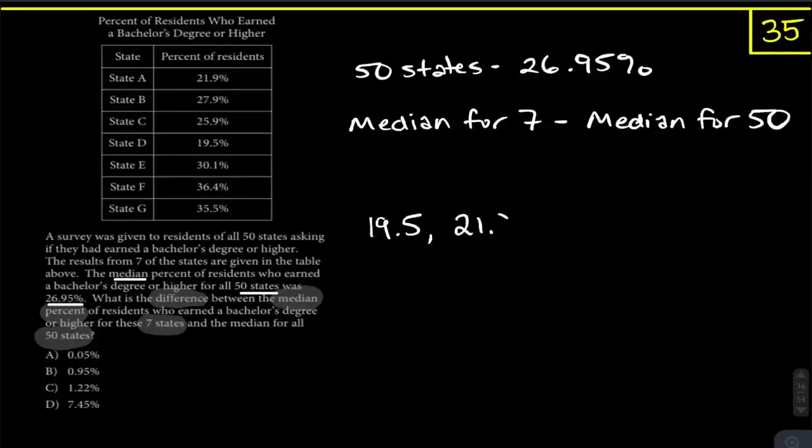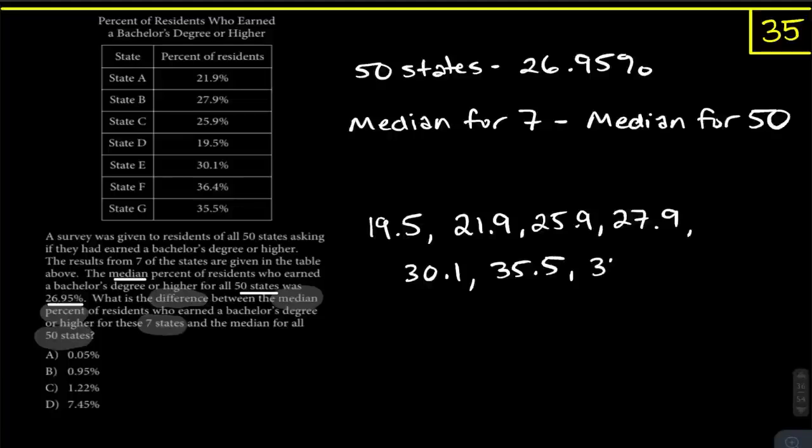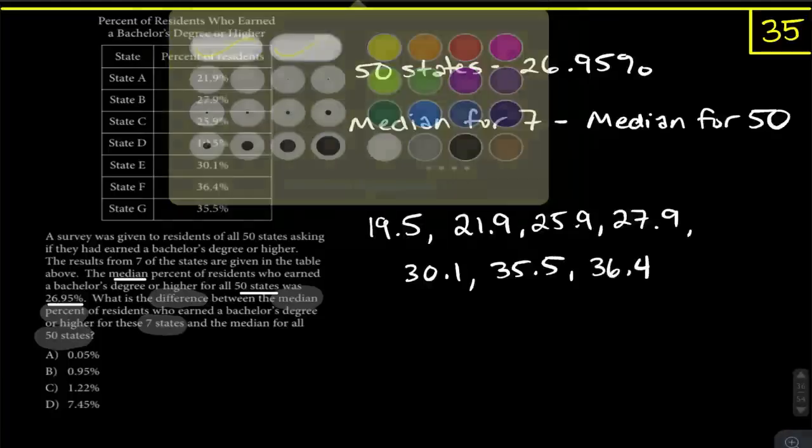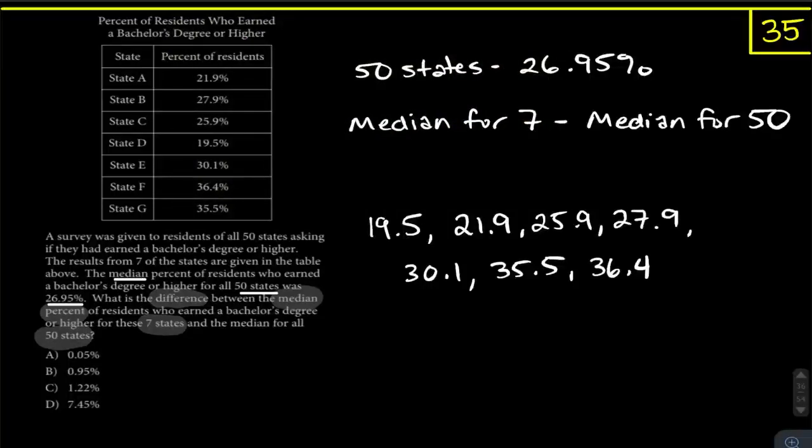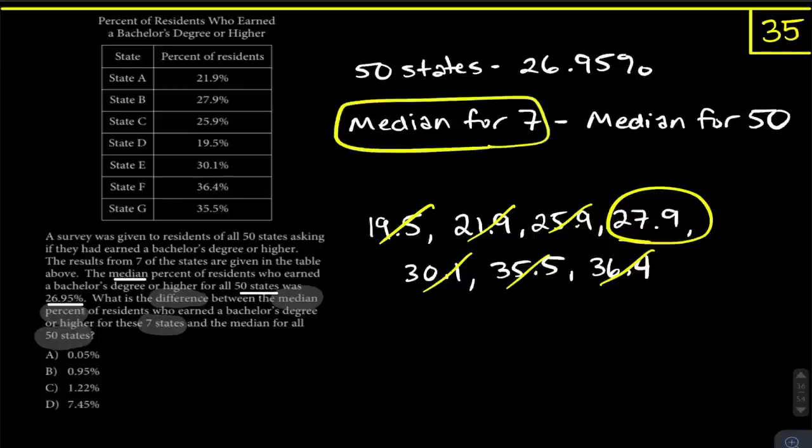Then we have 21.9, 25.9, 27.9, 30.1, 35.5, and 36.4. And all we would have to do here is start crossing off, 1, 1, 2, 2, 3, 3, and now we find our middle number. It's 27.9. So that's going to be our median for 7 states.